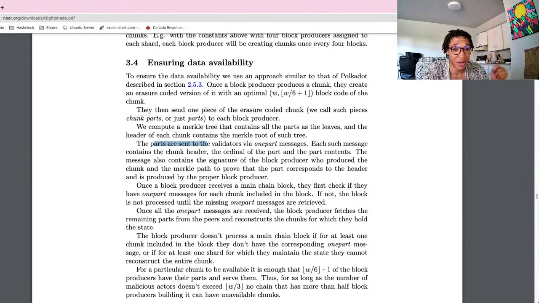So I guess it could be verified. The message also contains the signature of the block producer who produced the chunk and the Merkle path to prove that the part corresponds to the header. So basically, this is what the proof contains, so the validators can prove the validity.